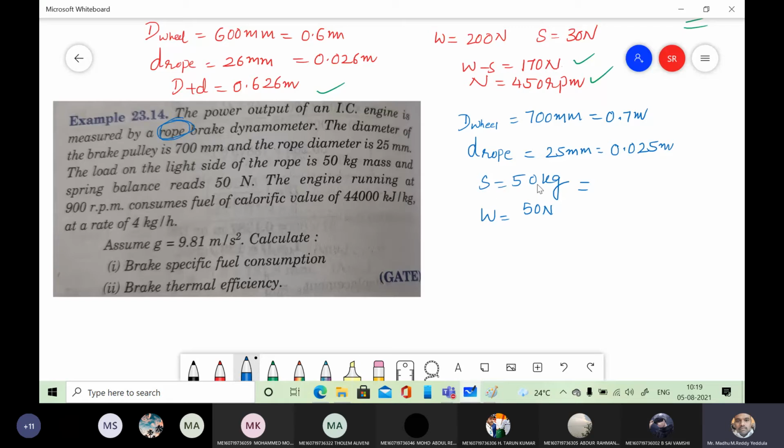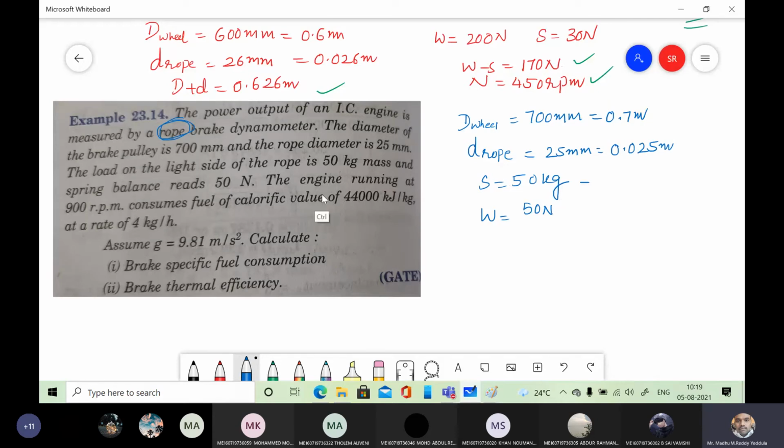Then how much is this value? The load on the light side of the rope is 50 kg mass and spring balance reads 490 Newton.